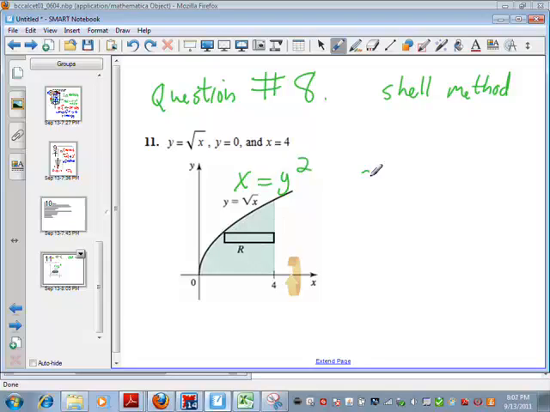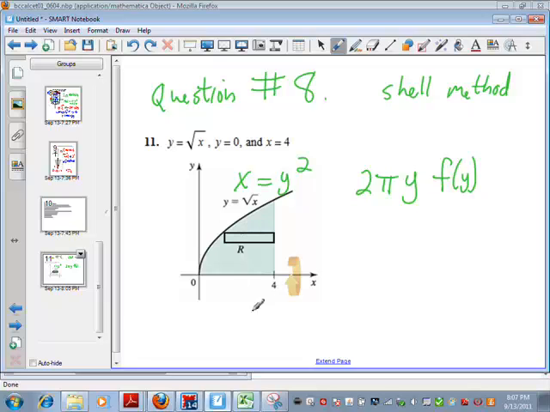In general, it's 2 pi y times f of y. In this case, it's f of y minus g of y. It's 2 pi r times f.